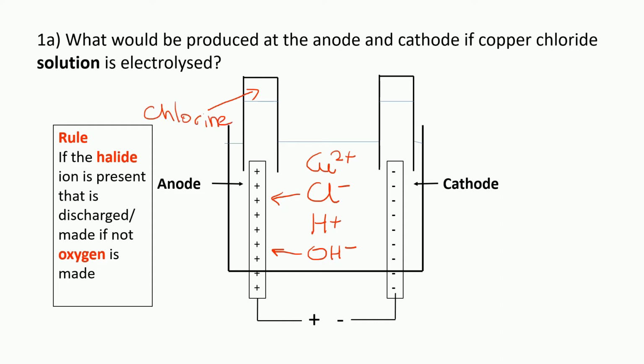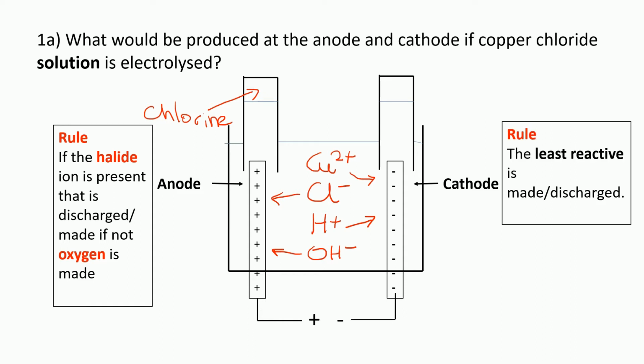Now if we consider what moves towards the cathode, the copper ions will move towards the cathode and the hydrogen ions will also move towards the cathode. And we have to remember the rule for this side, and in this case the rule is the least reactive is made or discharged. And in this case, copper is less reactive than hydrogen.